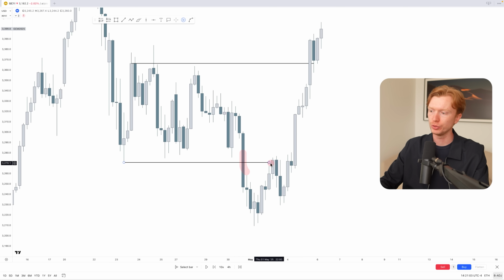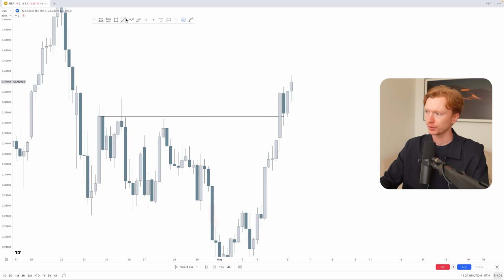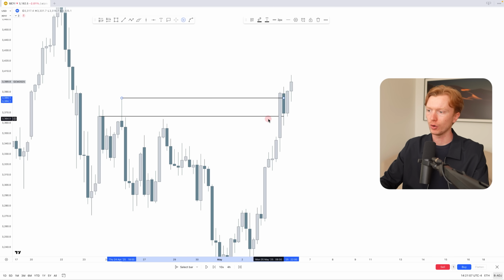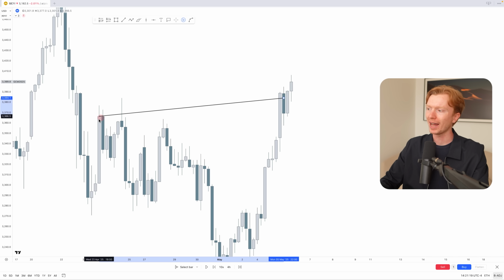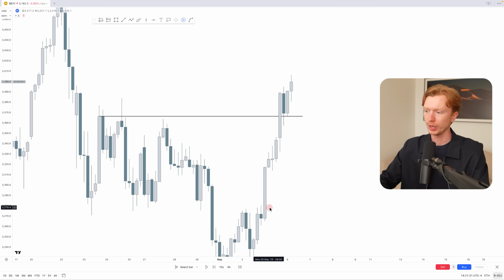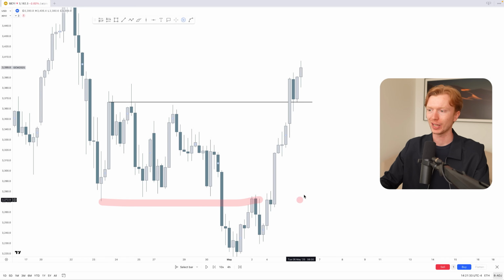If that's the case, you use the wick right there. But this wick right here is not directly overlapping towards the right with a fair value gap on the same time frame. When that is the case, you instead use the highest bodies of the fair value area right there. Because then that is going to be the sensitive area. The same way the wick is a sensitive area when a fair value gap is overlapping.